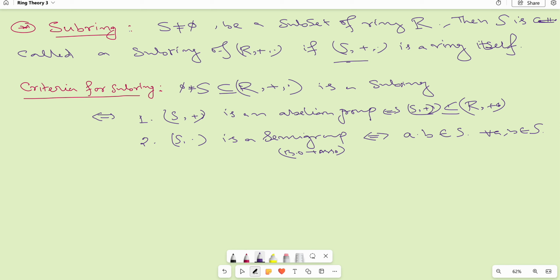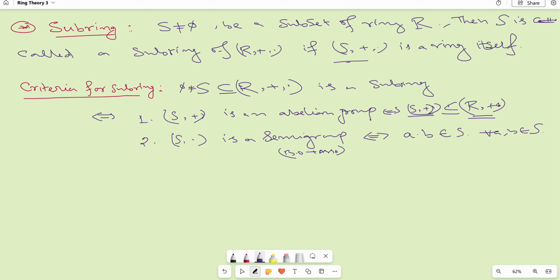An abelian group means S plus should be a subgroup of R plus, because any subgroup of an abelian group is abelian. So S dot is a semigroup, that means a dot b is inside S for all a, b.